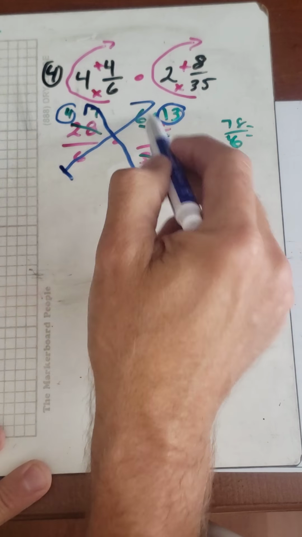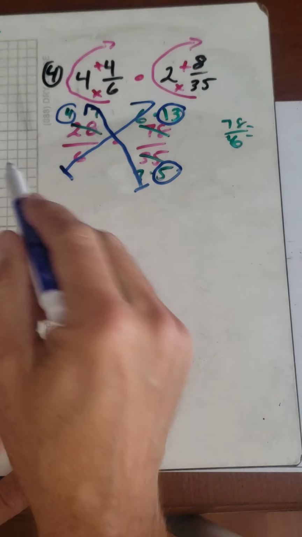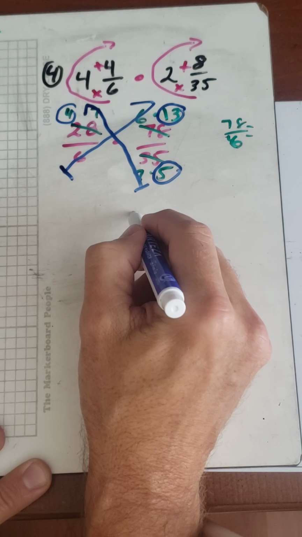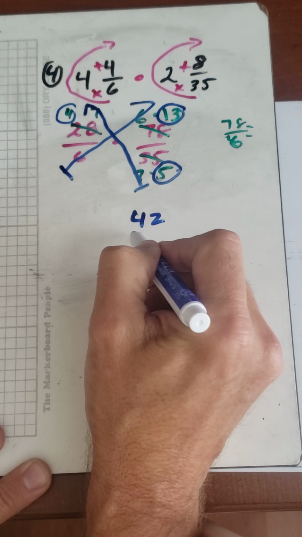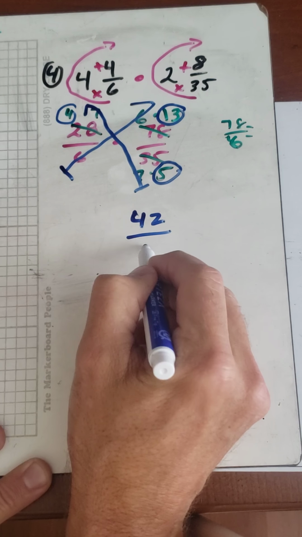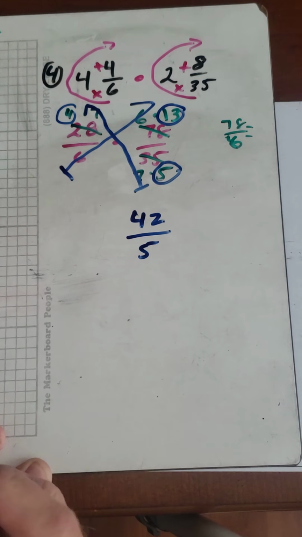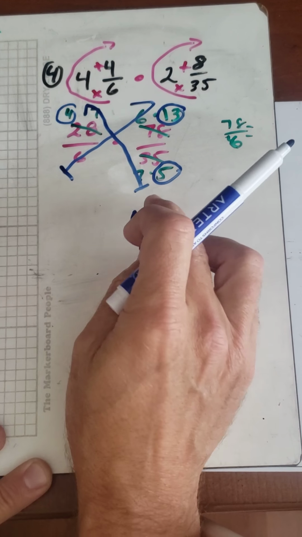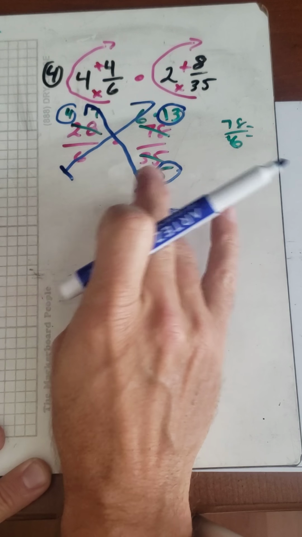And there's nothing I can do top and bottom, numerator to denominator. So now I multiply across. So I get 4 times 13, which equals 42 over 1 times 1 times 5, I guess I should say. So, I'm sorry, that is not 42, it's 52.